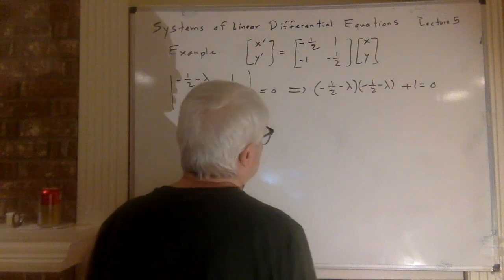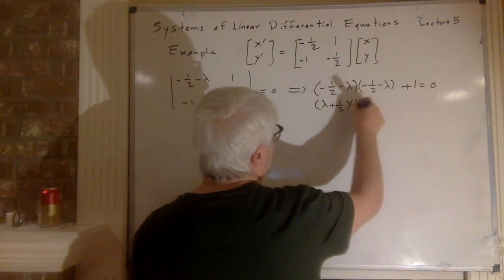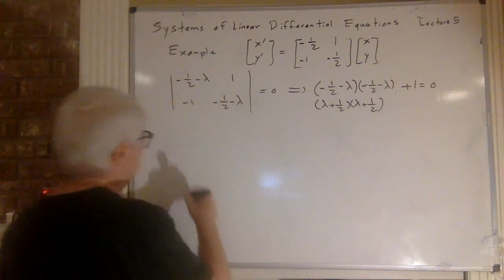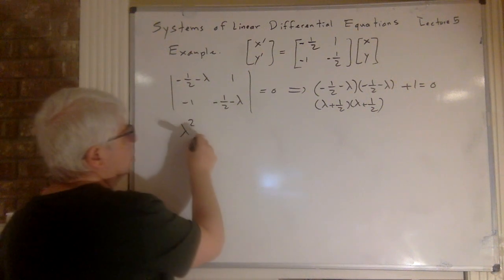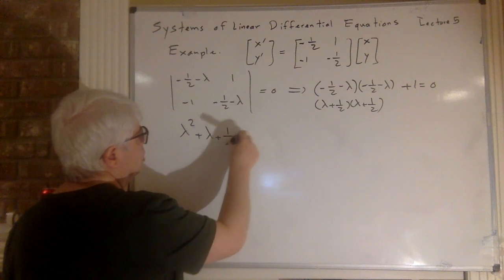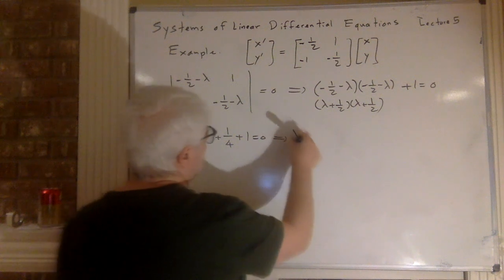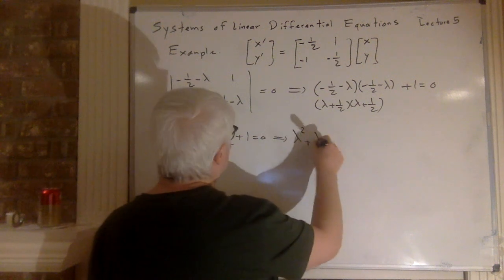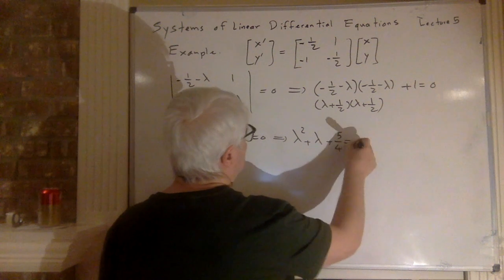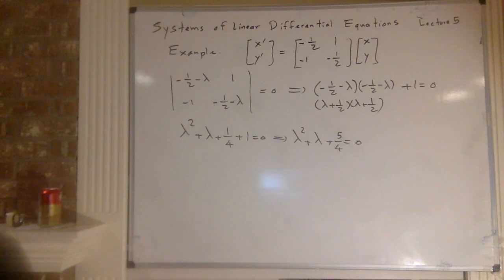So this one is in fact lambda plus 1 half, lambda plus 1 half. That's lambda plus 1 half squared. So that is lambda squared plus lambda plus 1 over 4 plus 1 equal to 0. So that is lambda squared plus lambda plus 5 over 4 is 0. Let me check, yeah, correct.